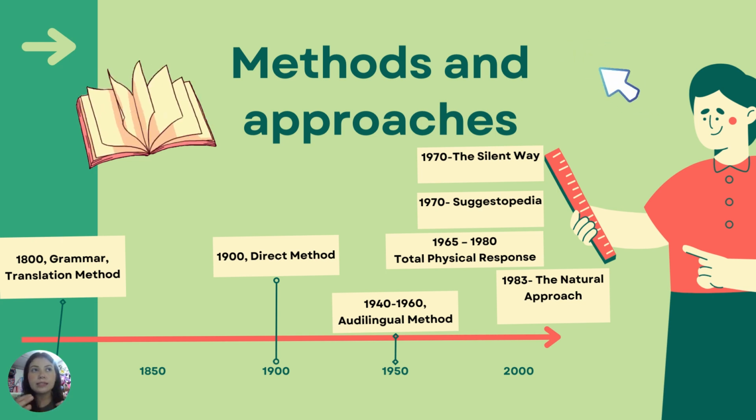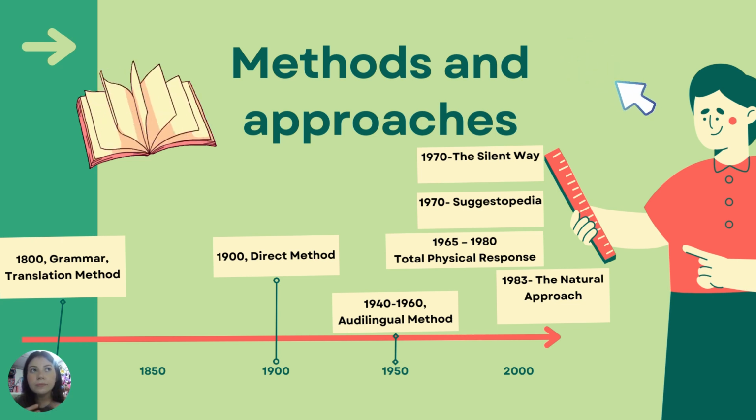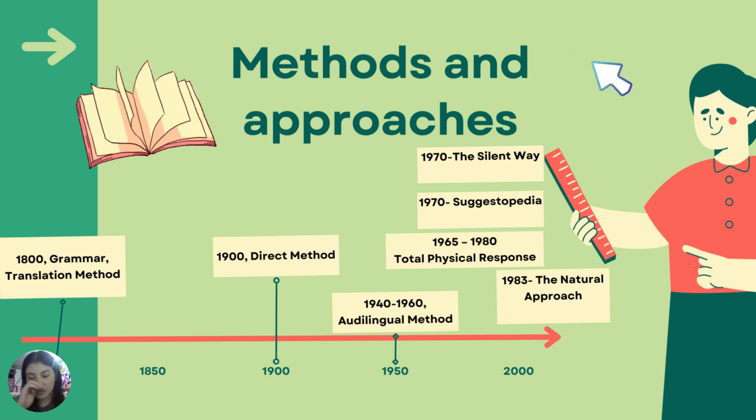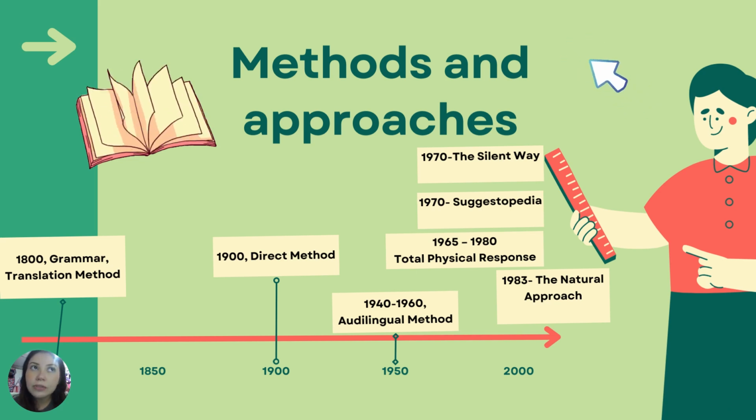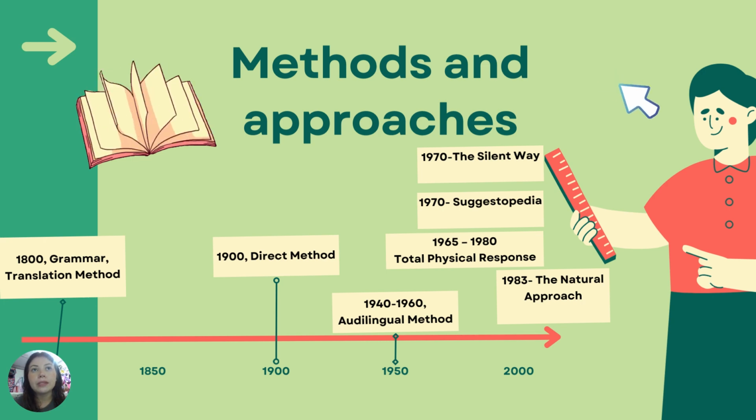Then from 1965 to 1980, it was the total physical response, with interaction with all the classmates and other people. And the last but not least, in 1983, the natural approach was the last method or approach that was implemented.